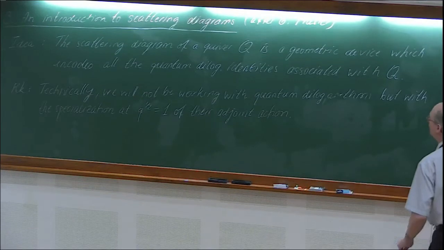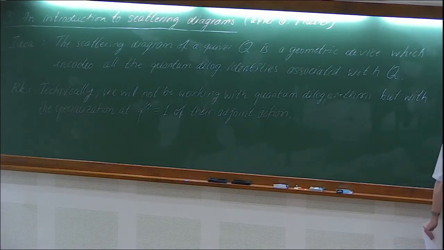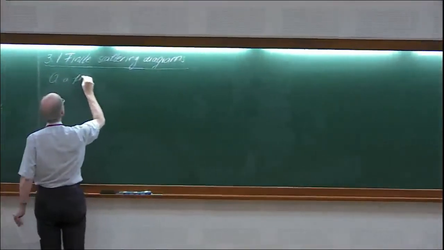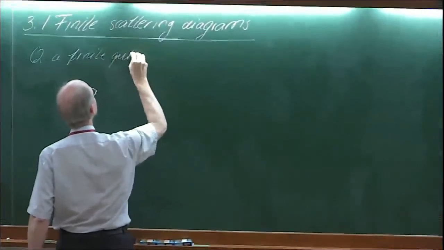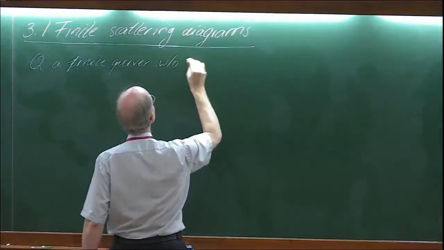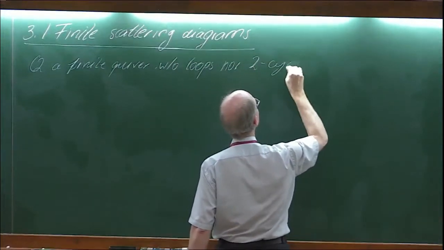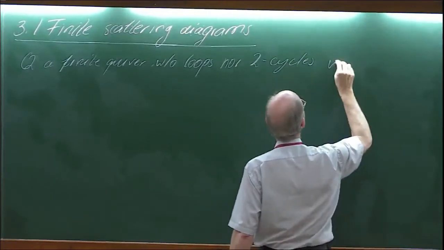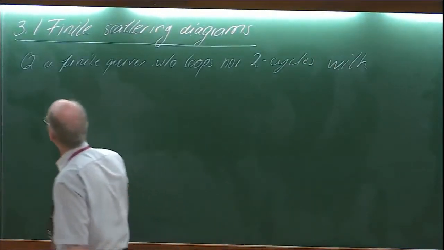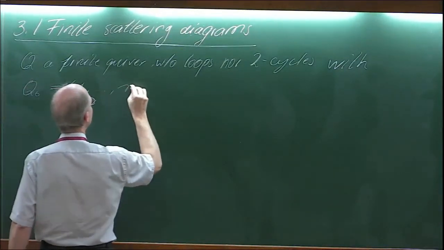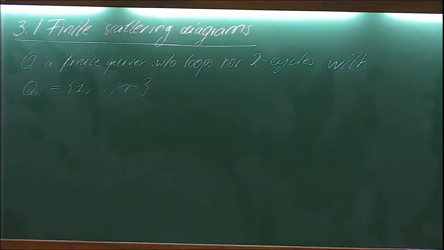So let's start with finite scattering diagrams. A finite quiver without loops nor 2-cycles, and I will always make this assumption, with vertex set the set of natural numbers between 1 and R, R like rank.